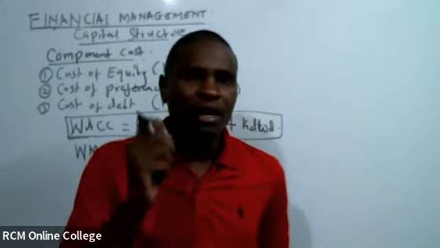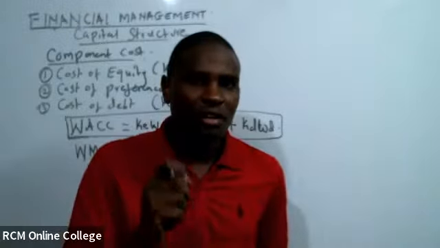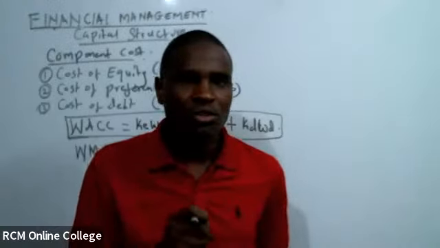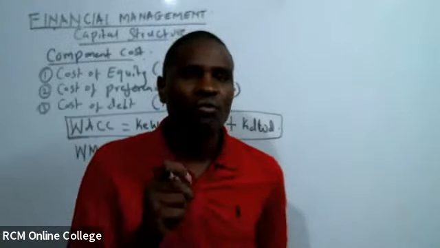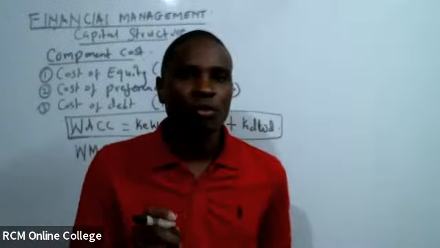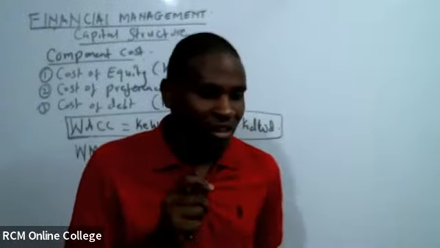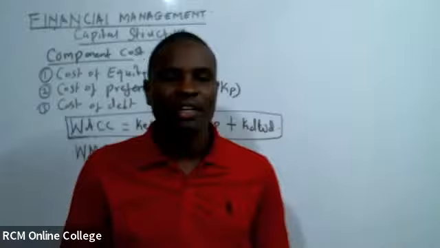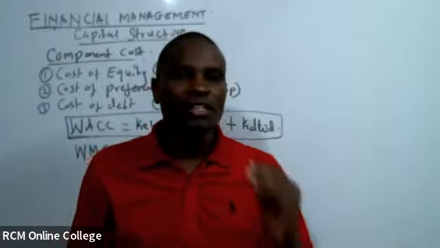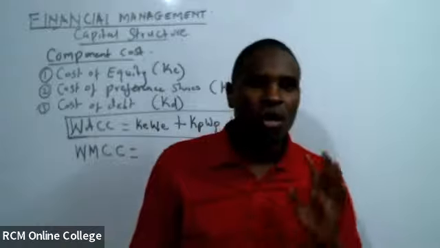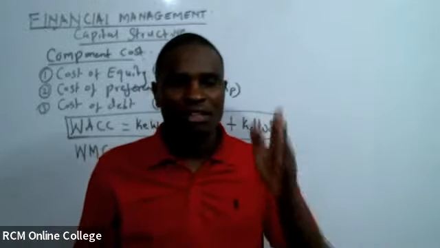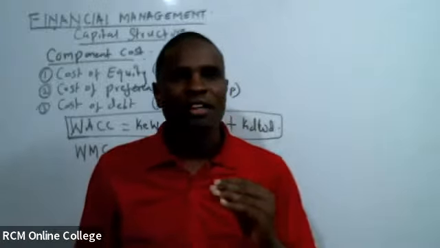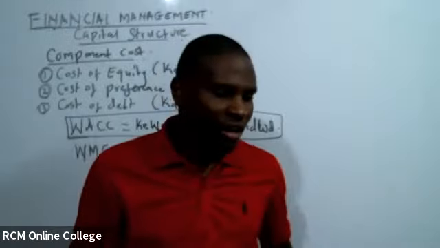Remember, we have ordinary share and retained earning as sources of finance, and therefore, under weighted average cost of capital, we prefer using the ordinary share and ignore reserves or retained earning. But that is now utilized when it comes to the weighted marginal cost of capital. So even if the question has the reserves or retained earning, kindly don't even compute the cost of that retained earning.